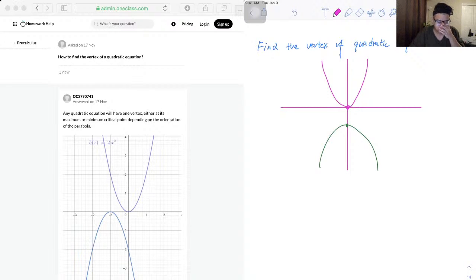In this case, the vertex for the pink one will be, let's call this point A, and the vertex for the green one will be point B. And we know that A is a minimum critical point, where B is the maximum critical point.